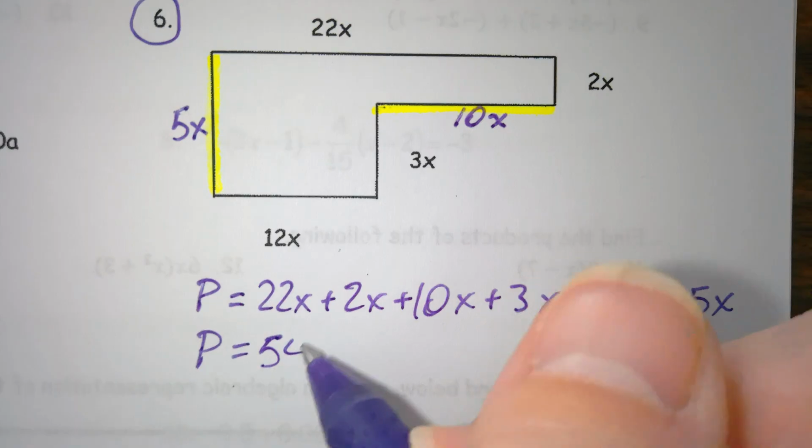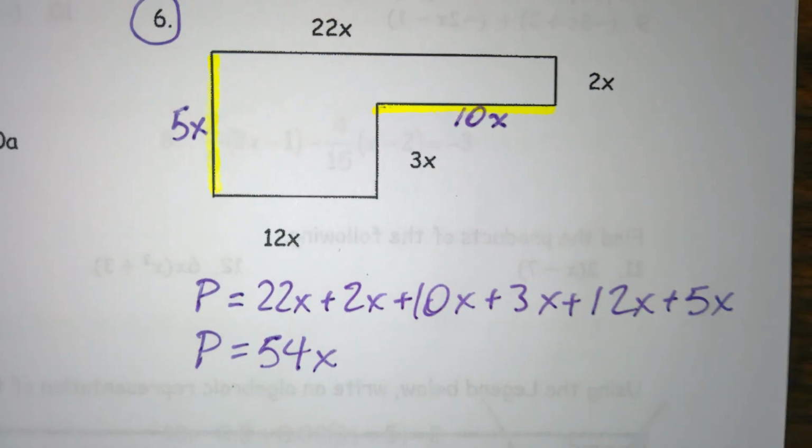Okay, good. 54x. And I love that she said 54x, not just 54. Sometimes you guys like to make that x disappear. If this question is 1 mark, then you lose half a mark. If this is worth 2 marks, you lose 1 mark.